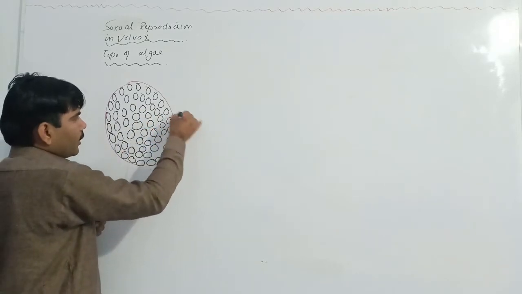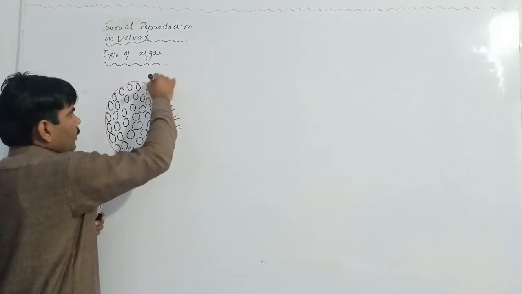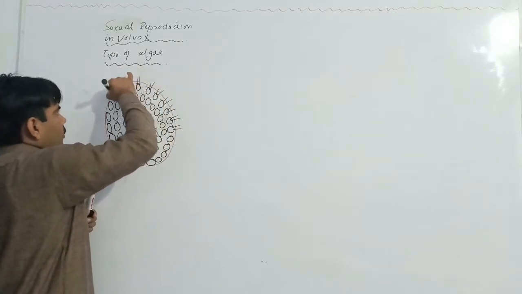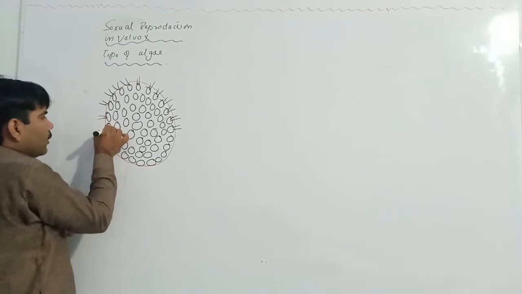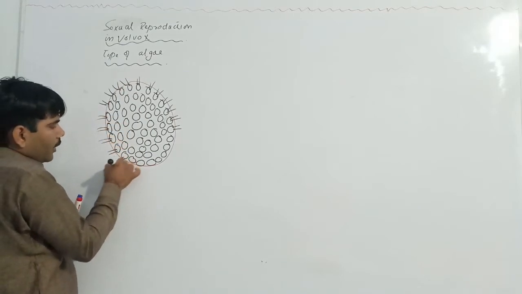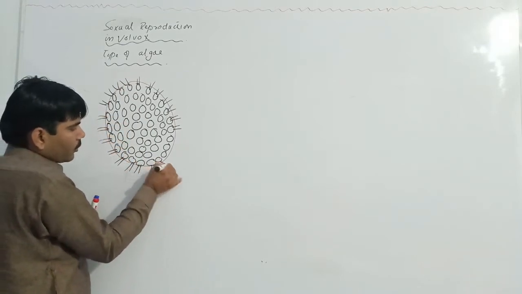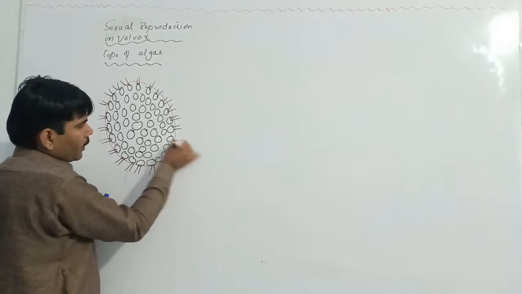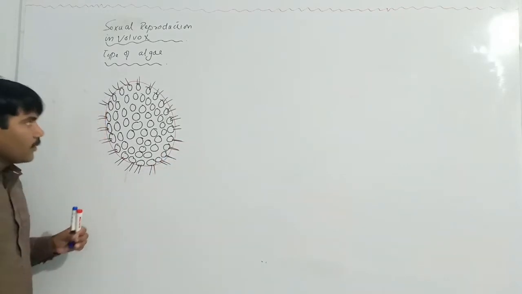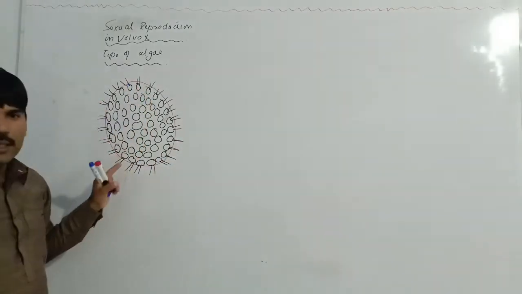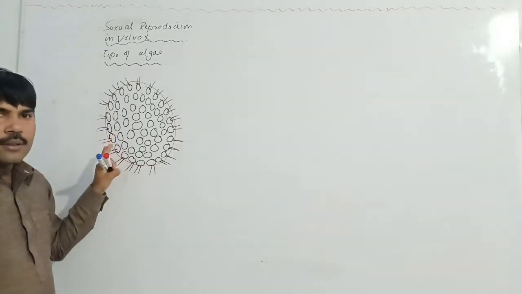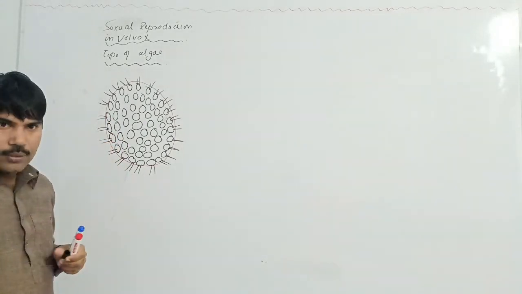These are the peripheral cells, so that's why showing flagella, peripheral cells of the Volvox colony. And out of these cells, some cell will undergo the sexual reproduction.